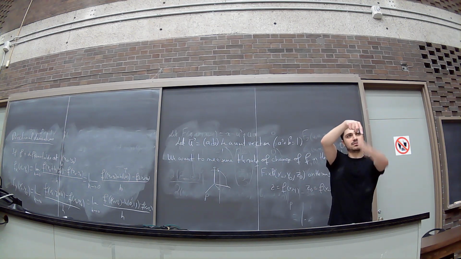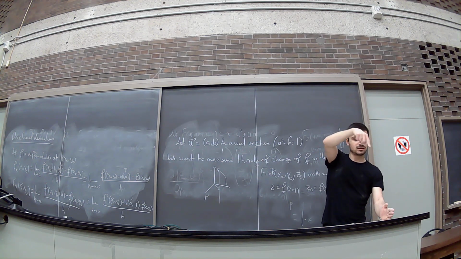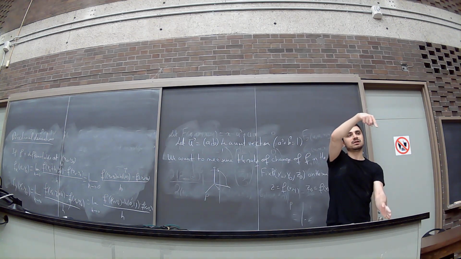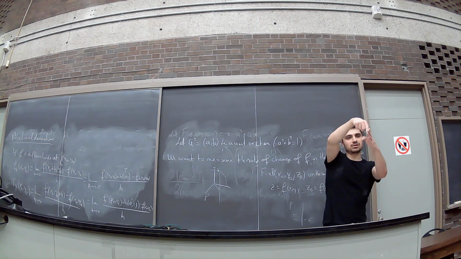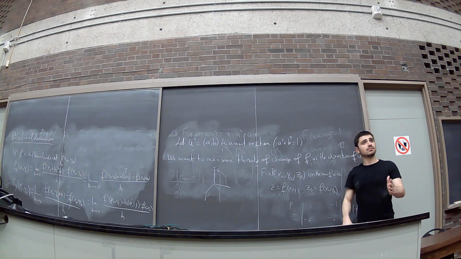I'll take a plane that passes through P, but is not necessarily x equal a or y equal b. So this is the x equal a plane, or x equal x0, right? And then I can take another plane through the direction of this vector here, right? You guys see that?